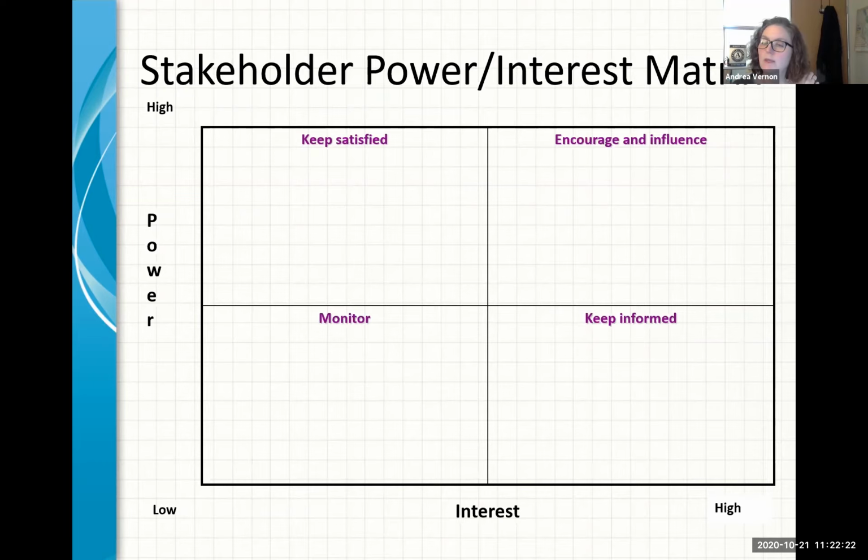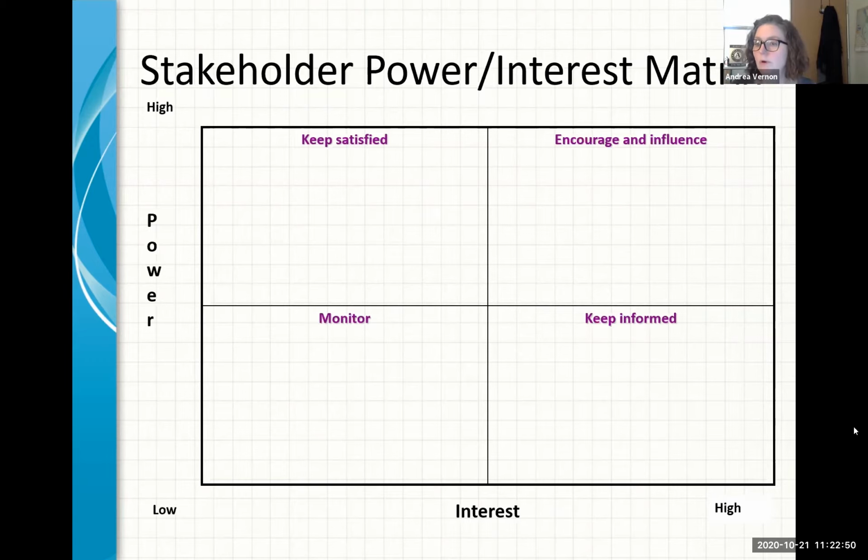So if you can think about those stakeholder groups that you've shared examples of, you don't have this in front of you, but if you could scribble out a quadrant real quick on a slip of paper and quickly draw the matrix and then go back to your list of stakeholders that you just shared in that chat box and place some of those stakeholders in these quadrants. So where would you perhaps put the volunteers that some of you mentioned?